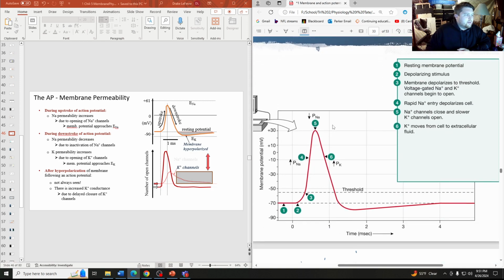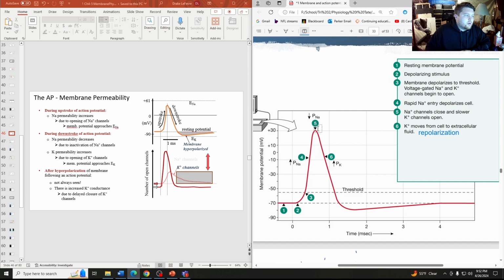Now, as soon as those are open, we have potassium moving from the cell to the extracellular fluid. This is our repolarization. So resting membrane potential, then our initial depolarization due to just regular sodium channels. Then we get full depolarization because of those voltage-gated sodium channels.